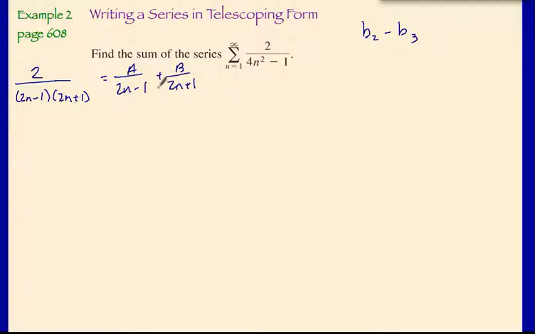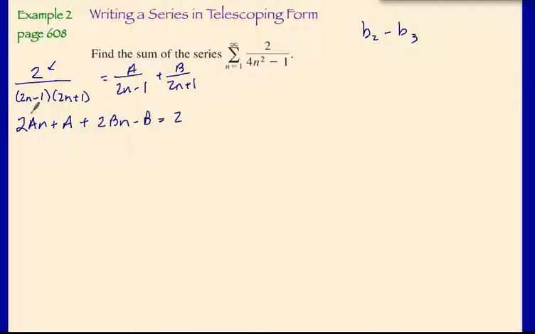Now again, using our technique of discovering what A and B are, A would need to be multiplied by 2n plus 1, so I'll just distribute that: 2An plus A. Plus B would need to be multiplied by 2n minus 1, so I'll distribute that: 2Bn minus B equals this numerator 2.